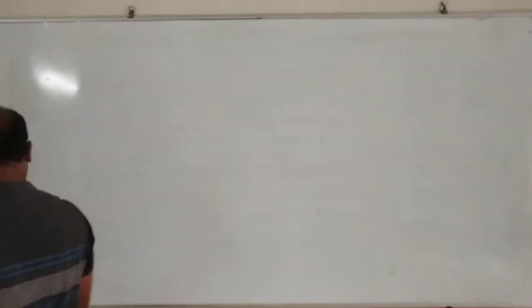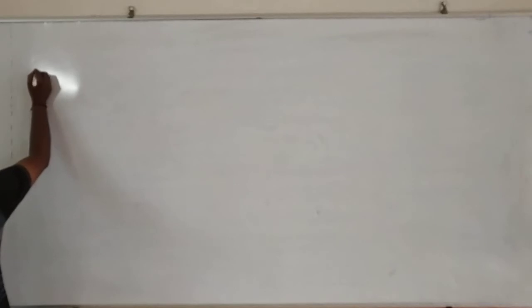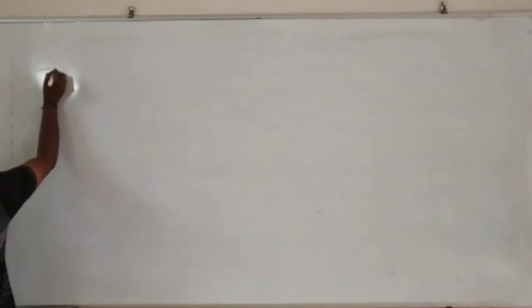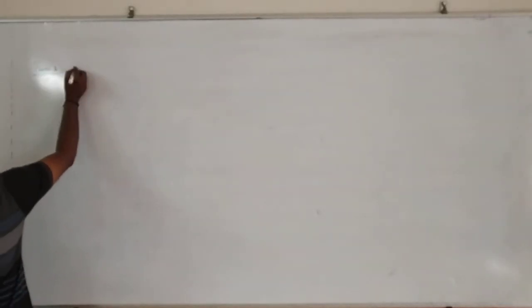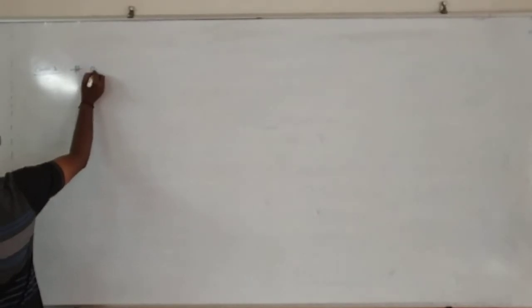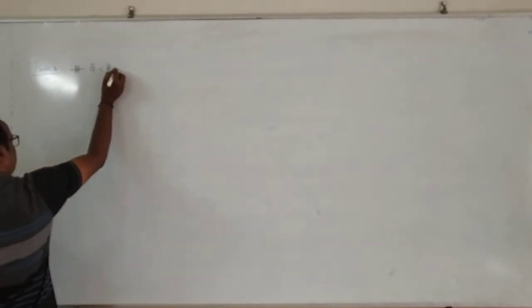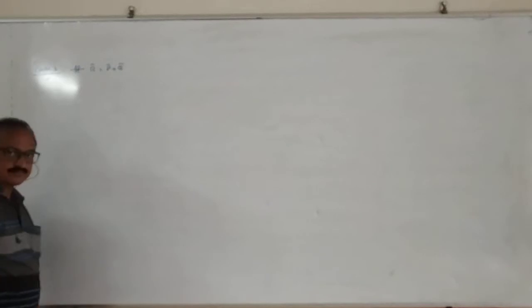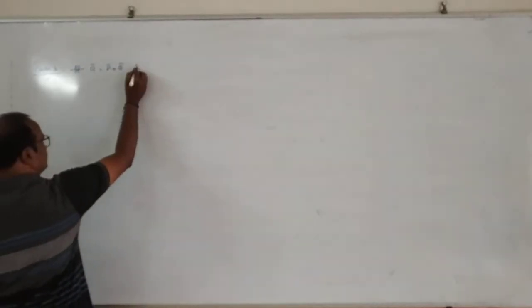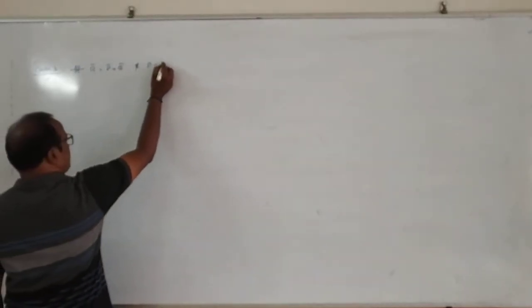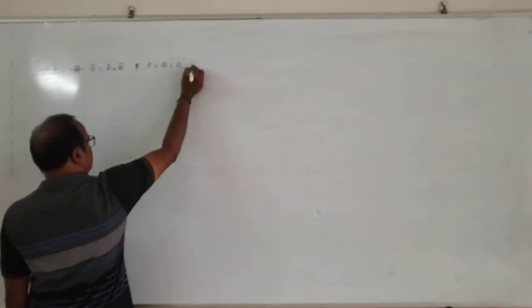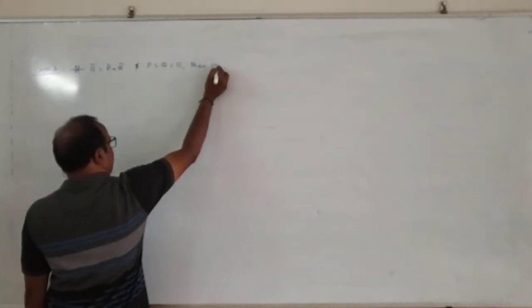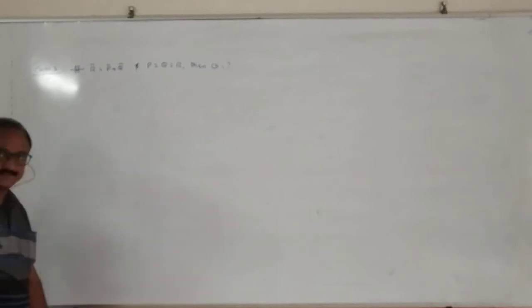Right? Next, see here, case 3. See clearly. Suppose R bar is equal to P bar plus Q bar, and P is equal to Q is equal to R. Then find the angle between the two vectors. This is the question.